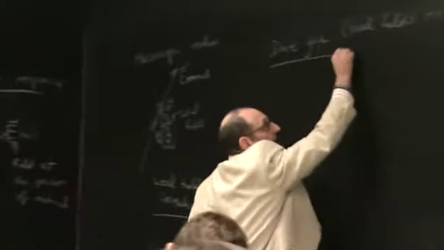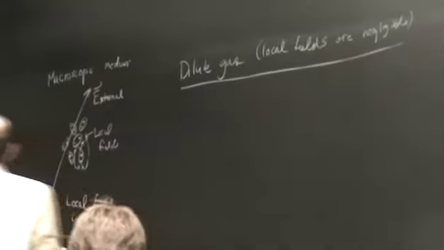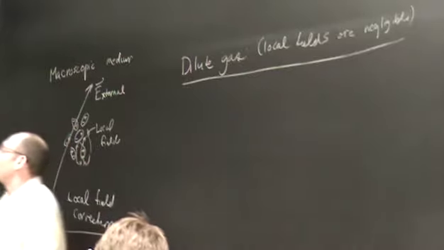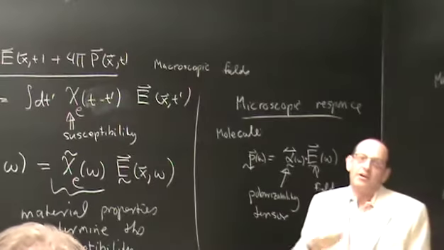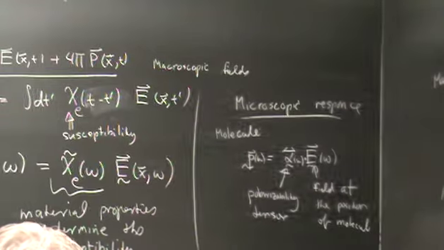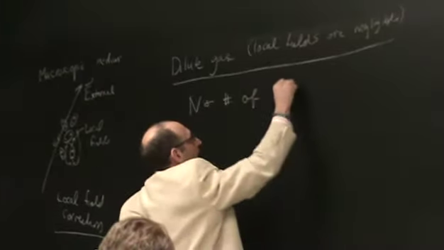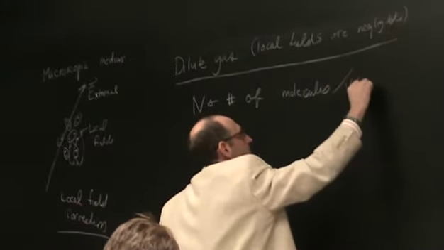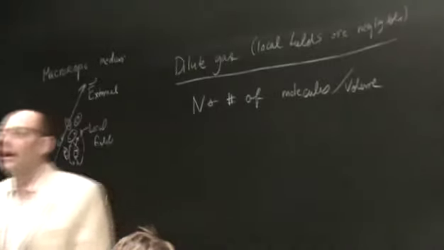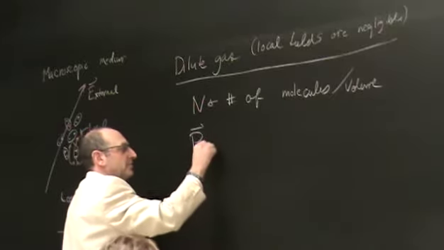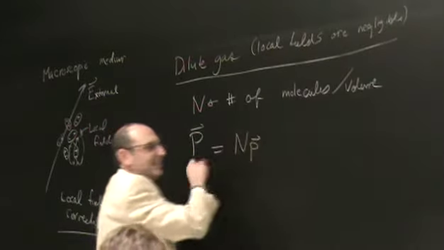So if I have a dilute gas where I can ignore the local field corrections, then I can write down a very simple relationship between the susceptibility and the polarizability. Because if n is the number of molecules or atoms per unit volume, the number density of constituents, then the induced polarization is just this.